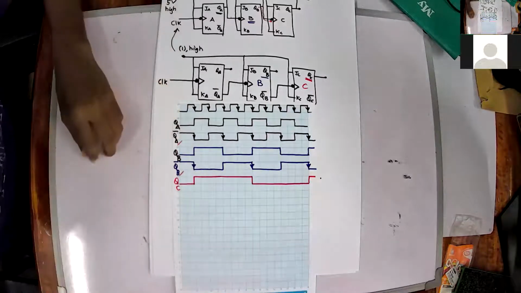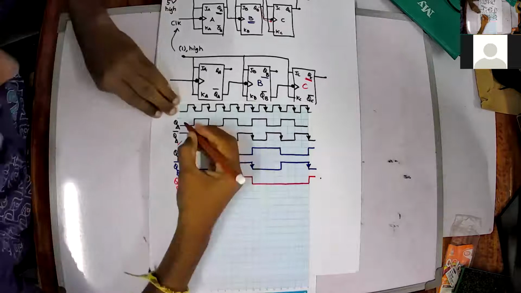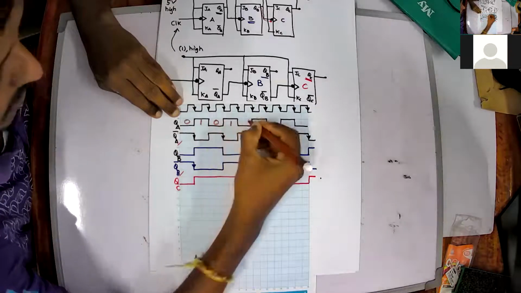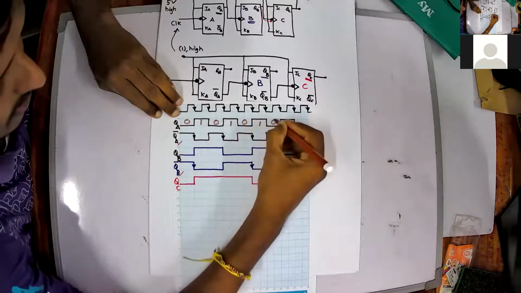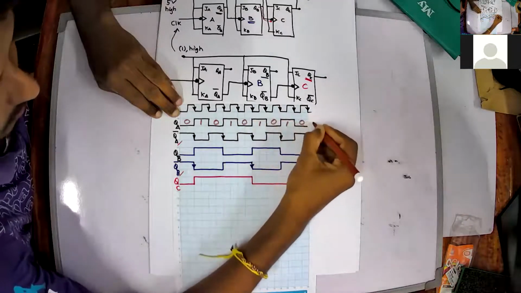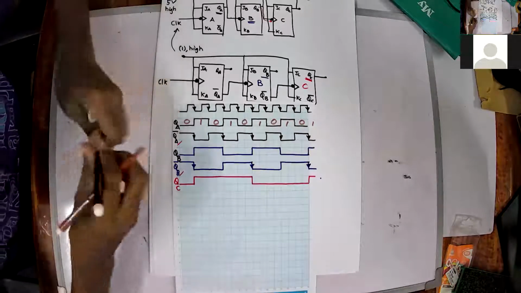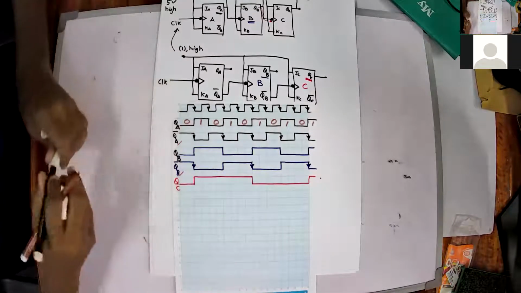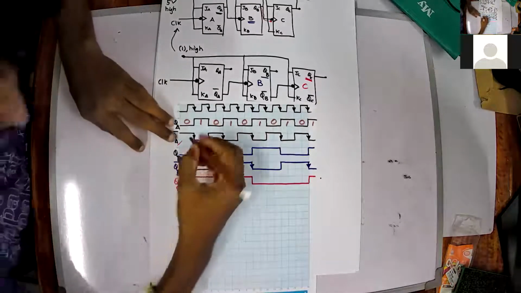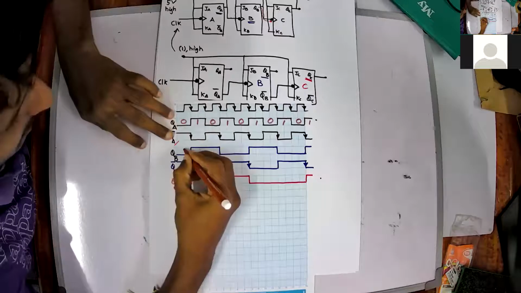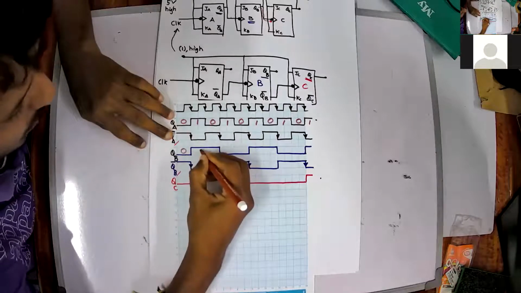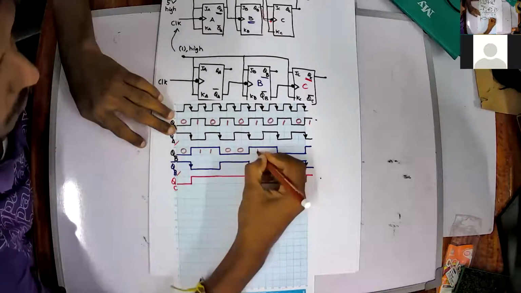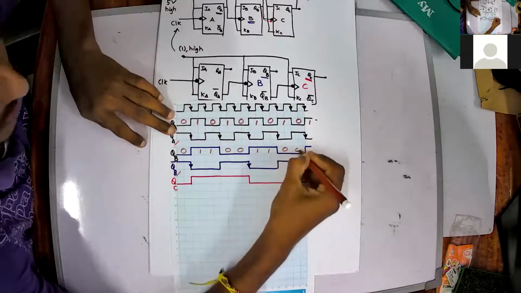Now I'll mark QA. So this is QA: 0, 1, 0, 1, 0, 1, 0, 1, 0, and then 1. Am I right? All right, I can simply mark 0, 1, 0, 1, 0, 1, and 0, 1. At the same time, I can mark QB as 0, 0, 1, 1, 0, 0, 1.